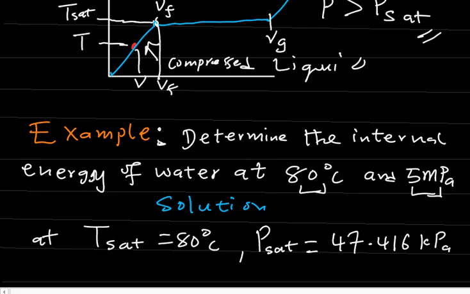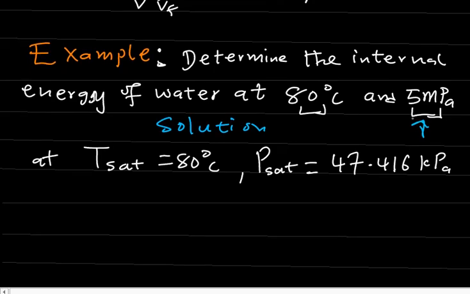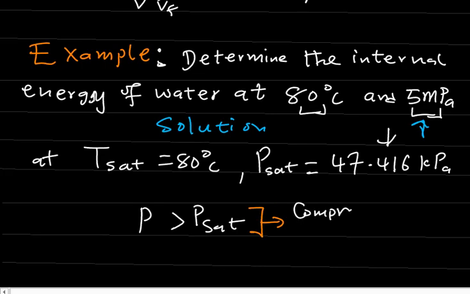Meanwhile, the actual pressure is 5 megapascal. 5 megapascal is greater than 47 kilopascal, so that simply means P is greater than Psat. Once you see this, you know that this is actually a compressed liquid.